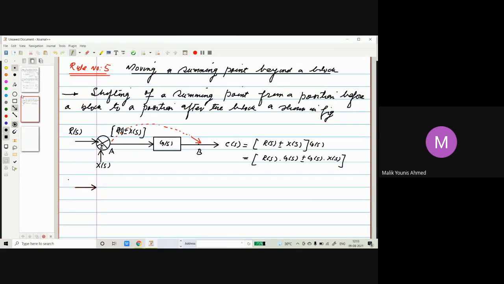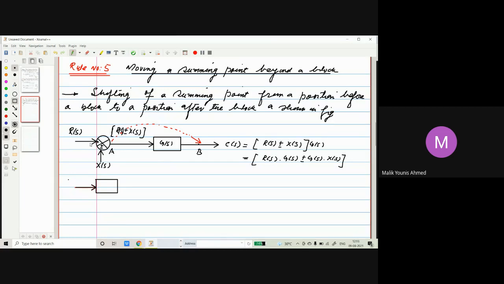Now let me draw it. Now here it will be from input. So I am drawing the transfer function because we have to shift the summing point.